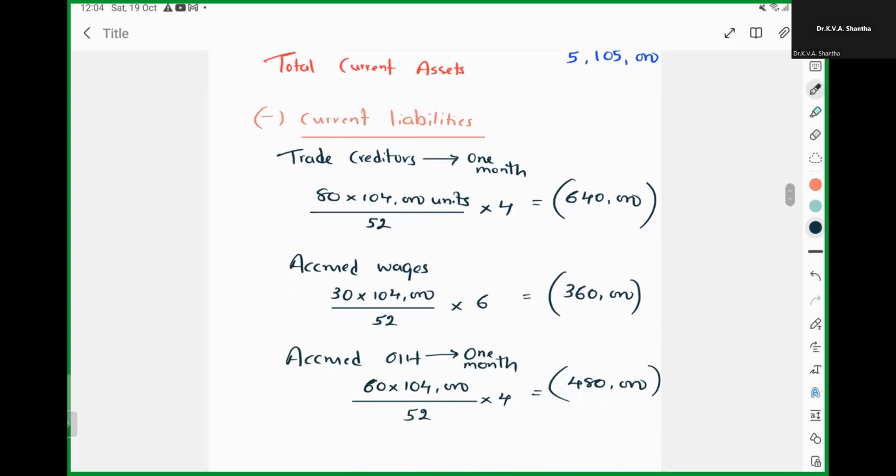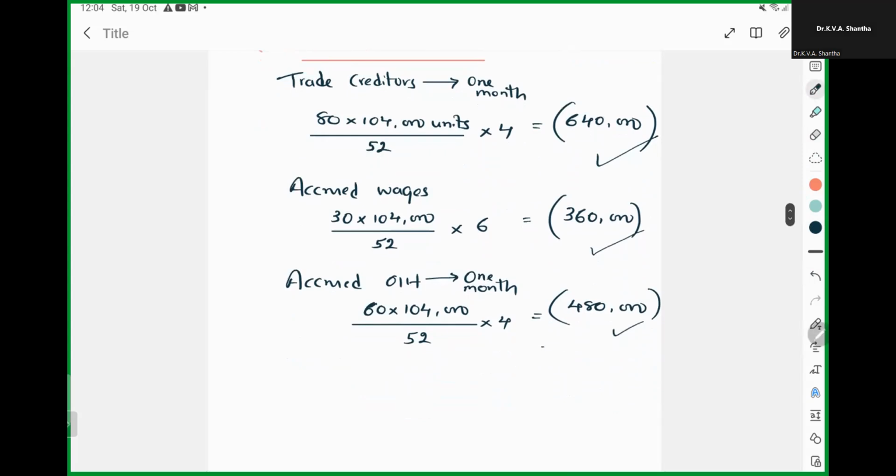Creditors 1 month, 640, that's okay. Overhead should be 480,000, and labor cost, accrued wages, should be 360,000.